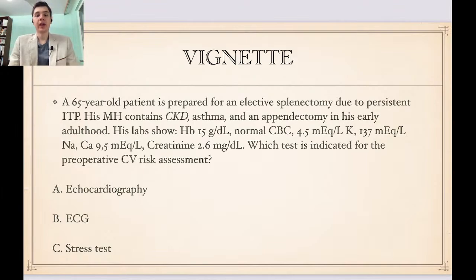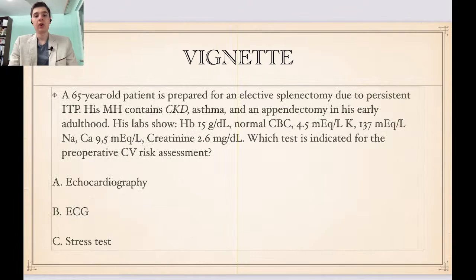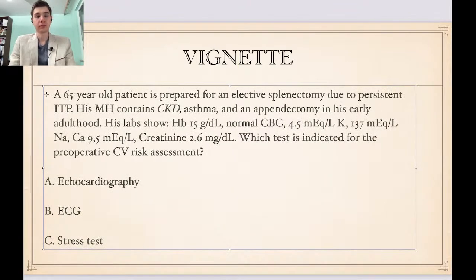However, he has a creatinine of 2.6. We would consider echocardiography if he had a history of stenosis or regurgitation and we had no echo on him, or if the patient had actually any cardiovascular symptoms before the surgery.